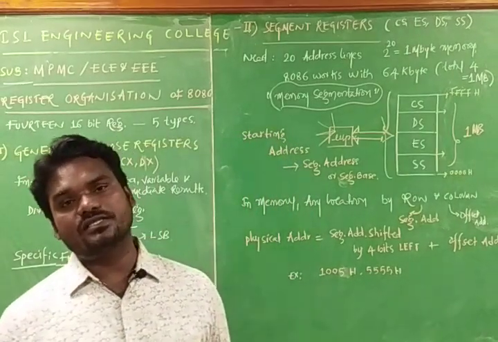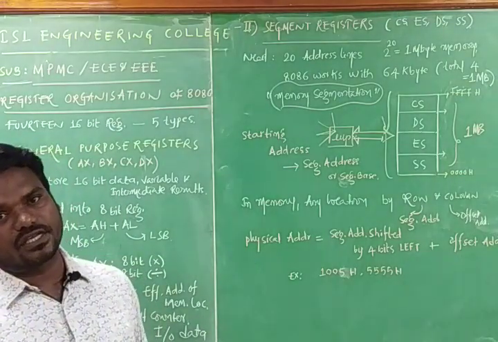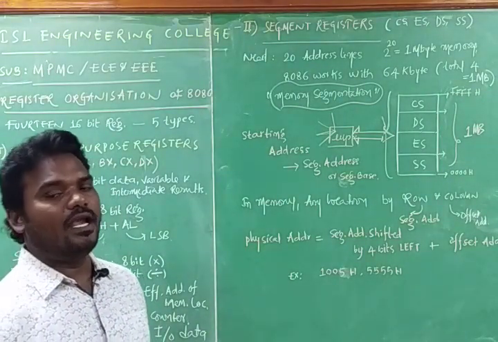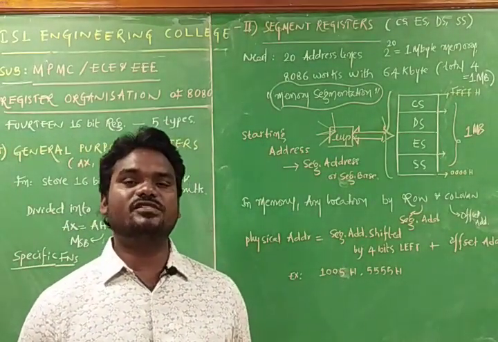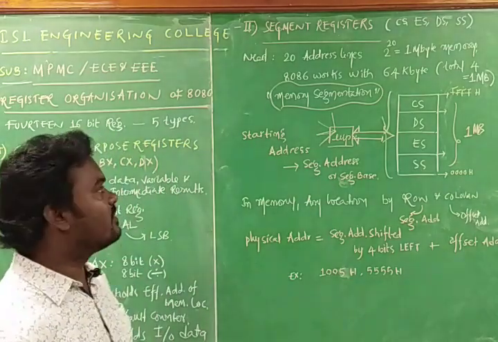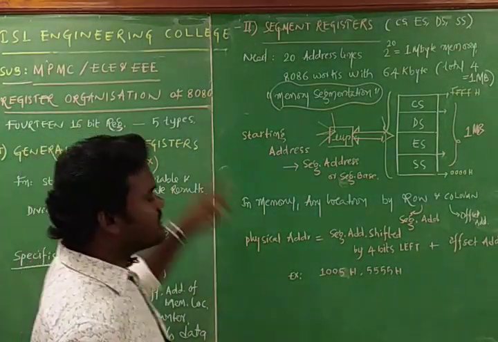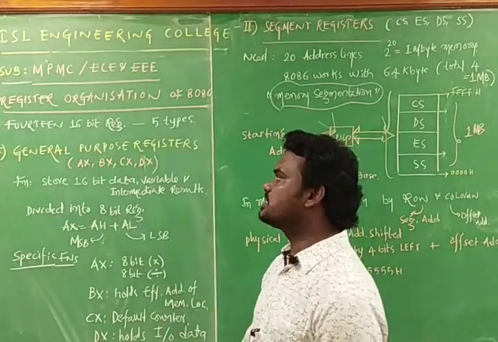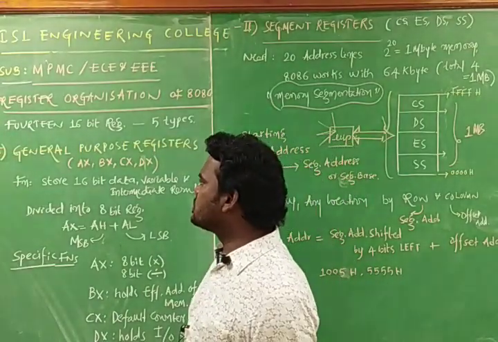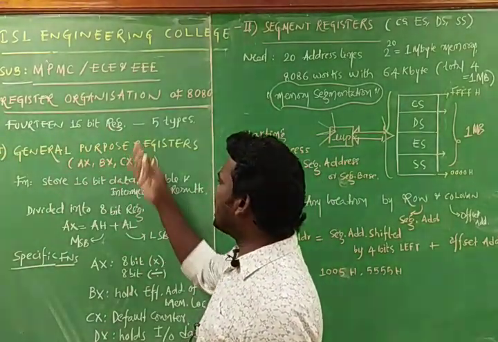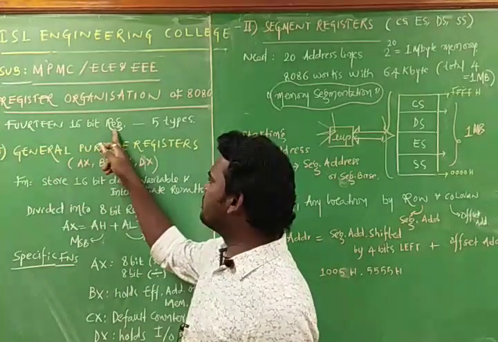That means all registers are 16-bit registers, and internally the 8086 microprocessor has 14 16-bit registers.